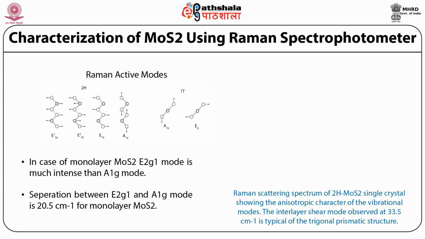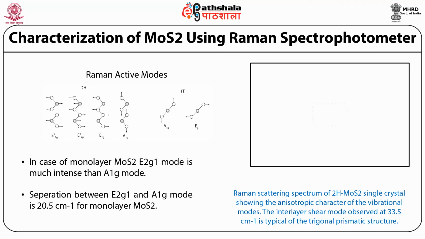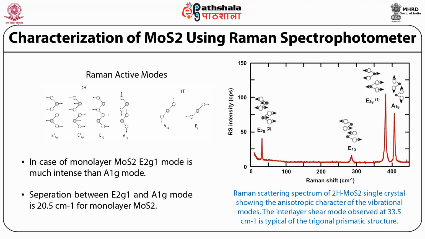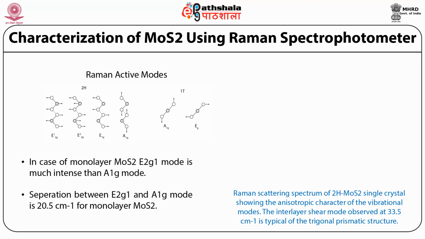The A1g mode at 407 cm inverse is an intra-layer mode involving the motion of sulfur atoms along the c-axis, which is clearly shown in the figure.